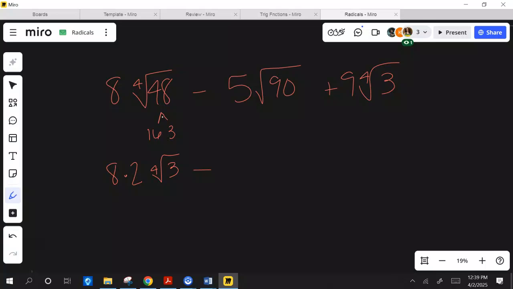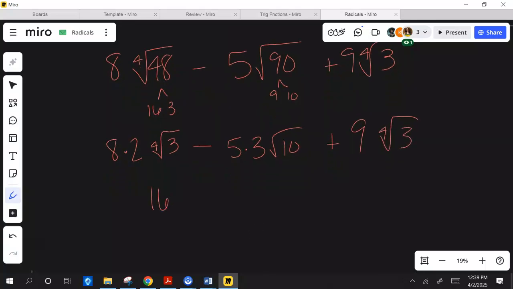Minus, what's the biggest perfect square I can divide 90 by? 9. So I have 9 and 10. So that's 5 times 3, square root 10. And then this is just 9 4th root 3 because 3 can't break down any. So what I have is 16 4th root 3 minus 15 square root 10 plus 9 4th root 3.